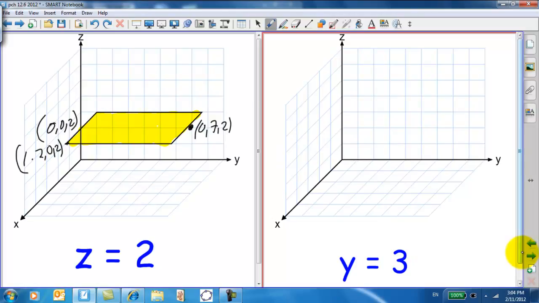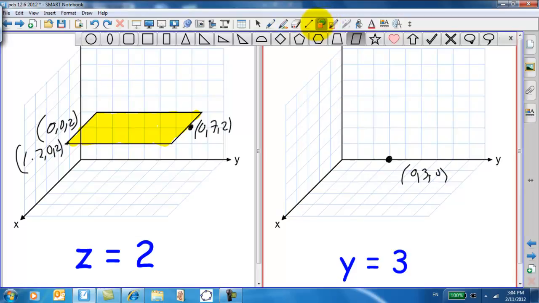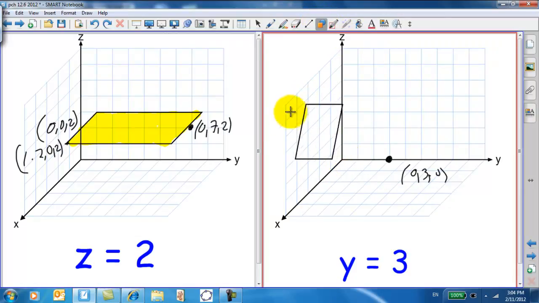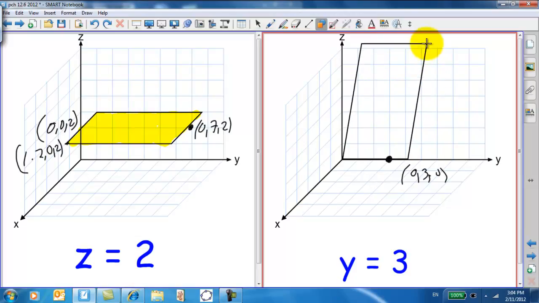y equals 3. Well, we got the point y equals 3 right here. That's (0, 3, 0). But it's going to be parallel to the xz plane. So when we set up our parallelogram now, do it this way. Oh, it doesn't want to bend the other way. Oh, we've got a little trick I can do. I can flip it.